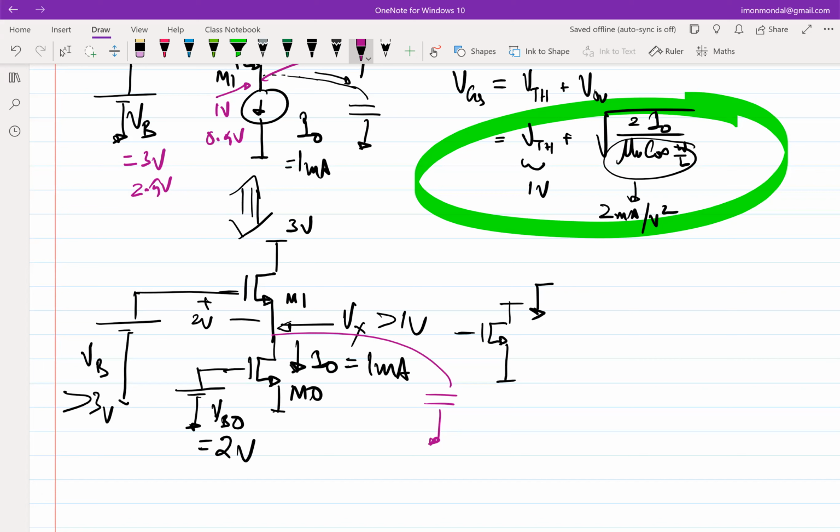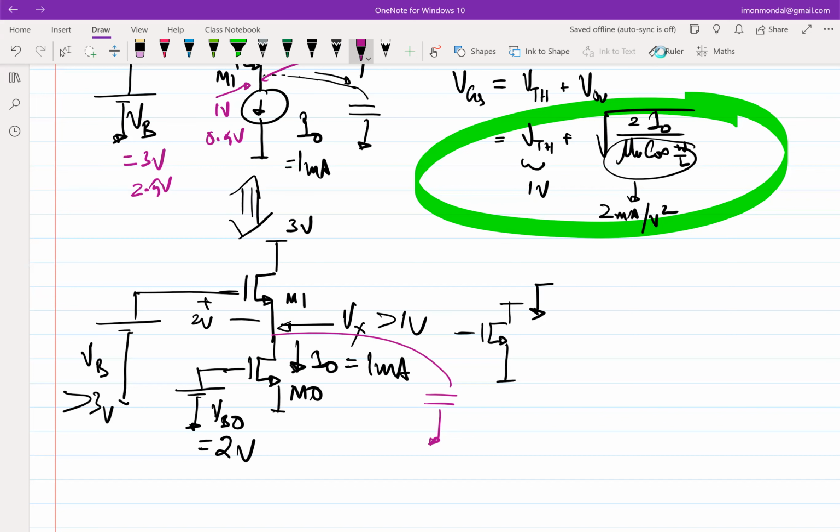So VGS of M1 has to increase now. And it can increase because source is not stuck to any voltage. It's not like a common source amplifier where the source cannot change. Here the source can move, right? So the source node Vx will go down to accommodate for that extra current. Okay, make sense?